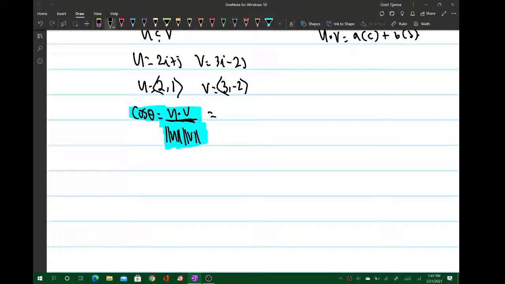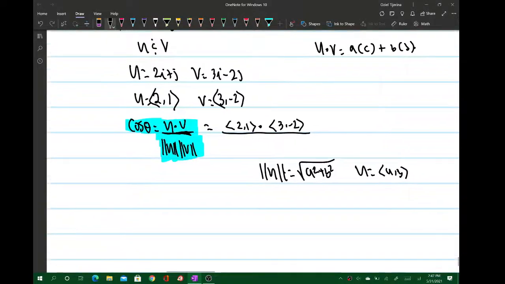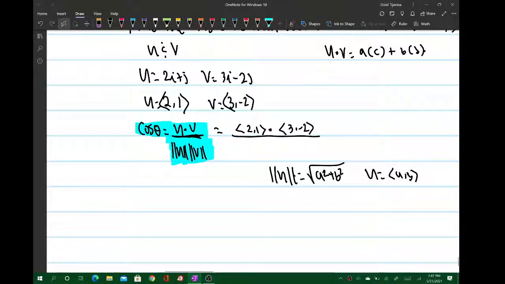So let's do u dot v. It's going to be (2, 1) dot (3, -2). And then the magnitude of u is just the square root of a squared plus b squared, given that u is the vector (a, b).